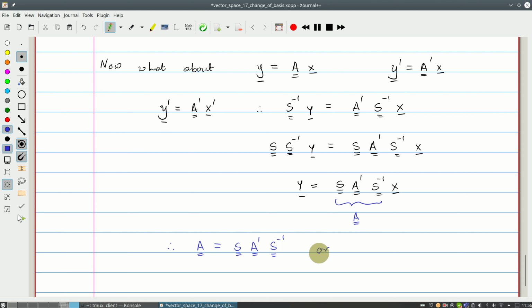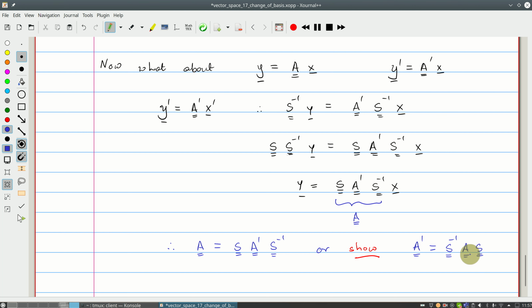Or, and I'm going to leave this to you to show, so show this, A prime matrix is equal to S inverse A S. So to find out what happens to the A matrix when you change your basis, you apply this transformation.